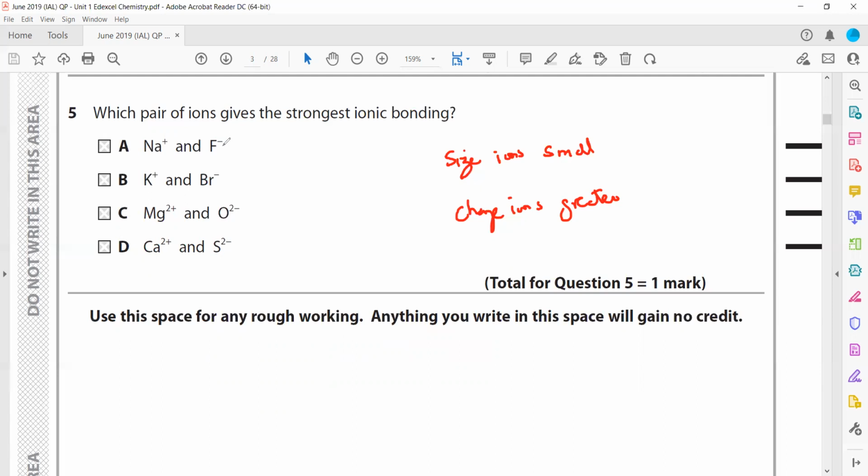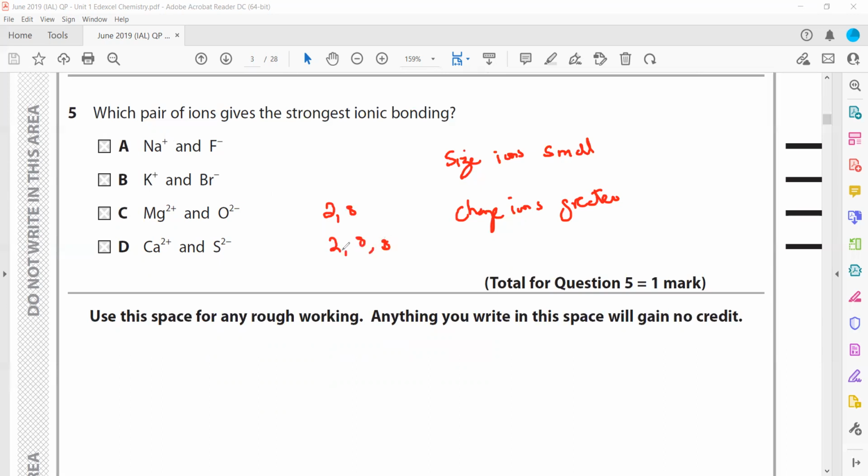The options are isoelectronic, except sodium fluoride, potassium bromide, magnesium oxide, and calcium sulfide. When we check the size, oxygen -2 will have 10 electrons, so it will be 2, 8, so 2 shells. Sulfur -2: sulfur is 2, 8, 6, so S -2 is 2, 8, 8.